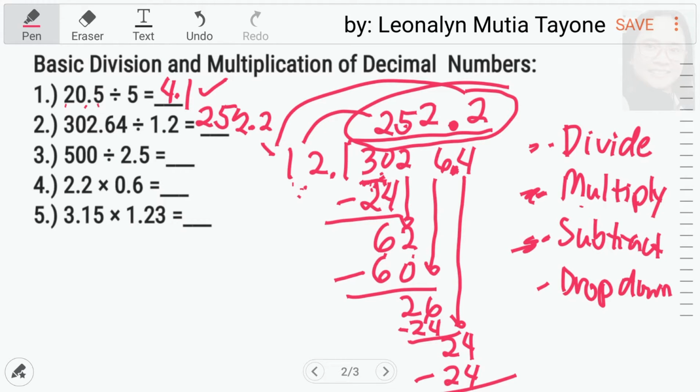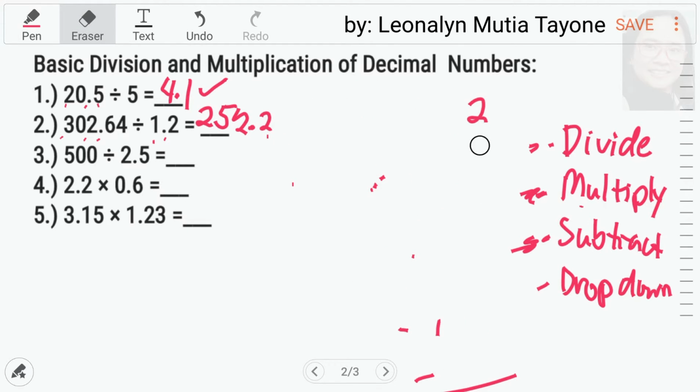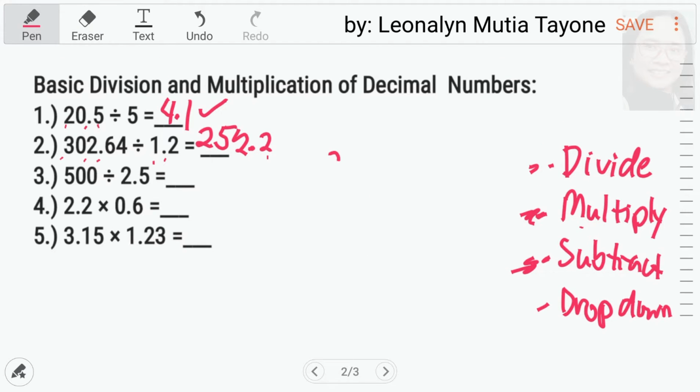Let's double check by multiplying 1.2 with 252.2, to see if the answer is 302.64. Let's erase this first. 252.2 times 1.2. But before we do this, let's review multiplying decimals.